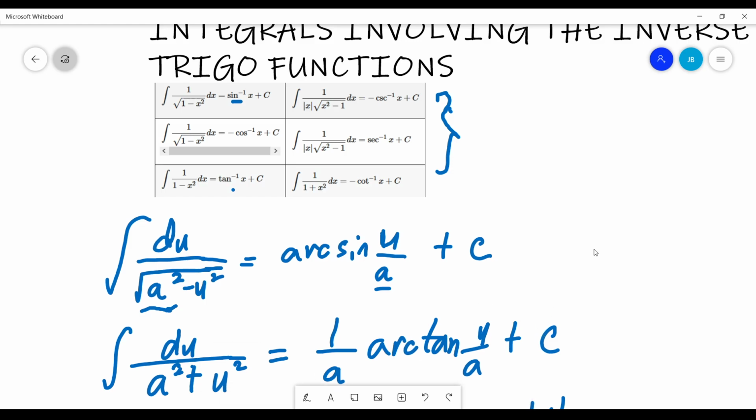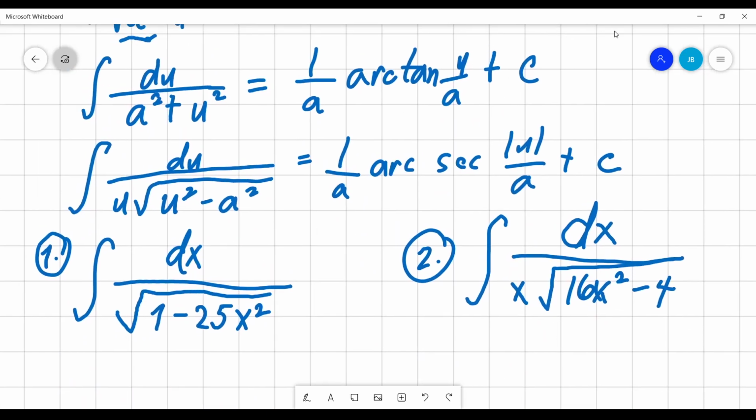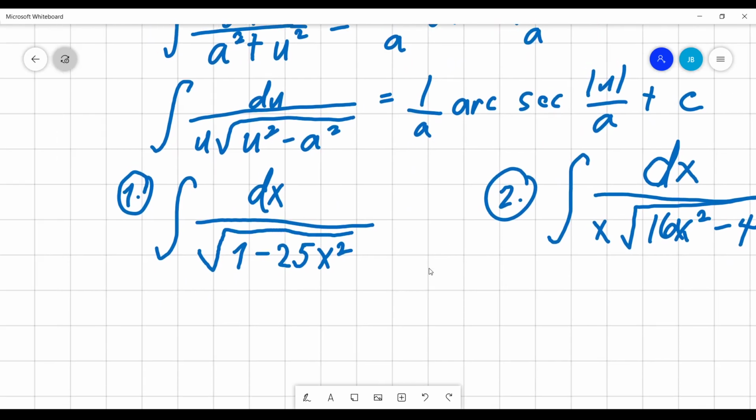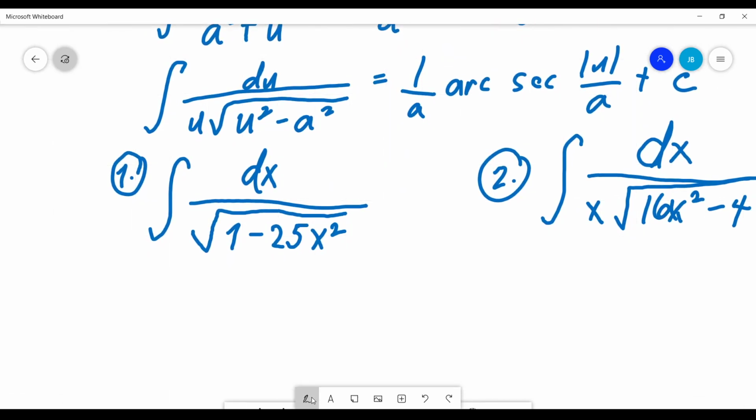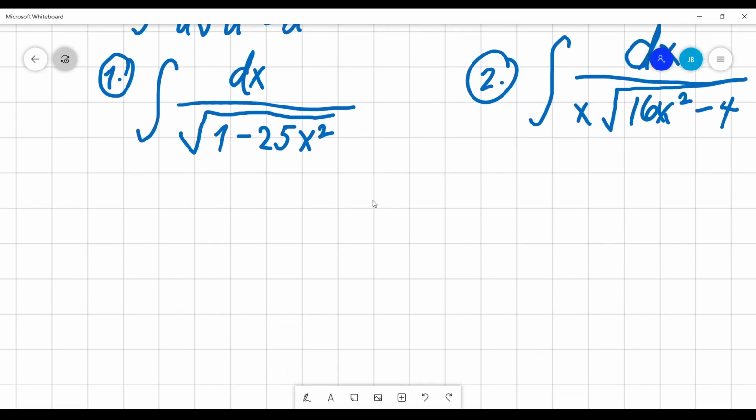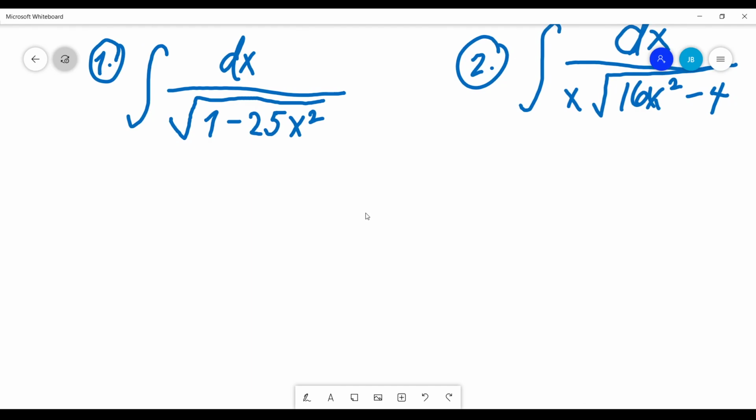Now let's look at some examples of integrals involving inverse trigonometric functions. Let's start with number 1. For number 1, we can simplify this function first.